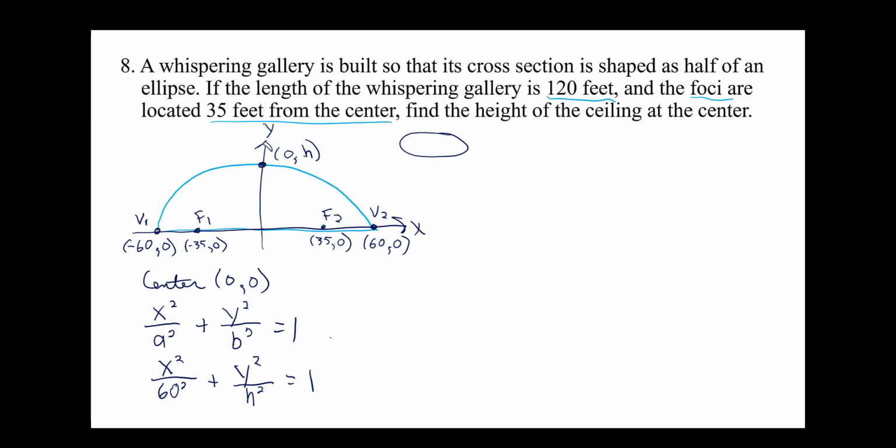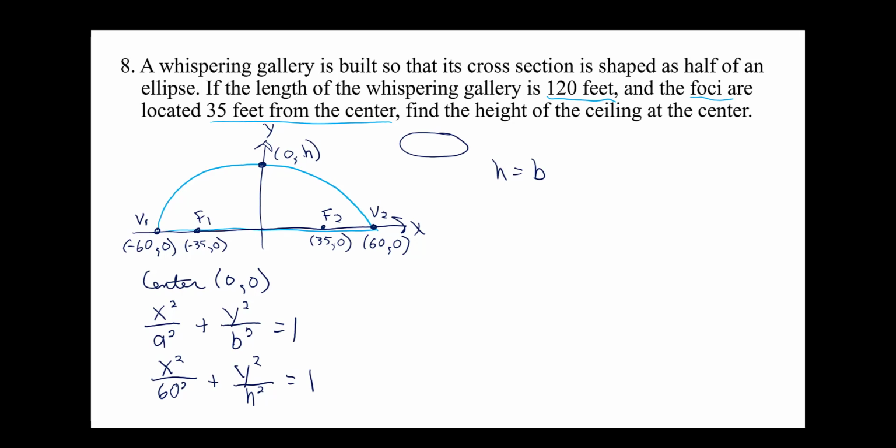And do I know a point on this ellipse? Well, actually, what are we still looking for? We're trying to find h, but we know that h is the same as b, don't we? So if h equals b, we probably don't even really need the equation here.